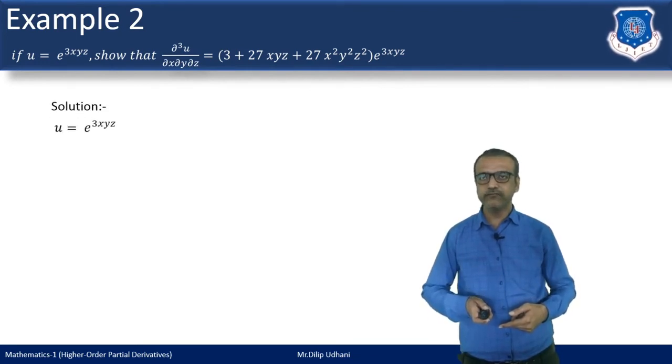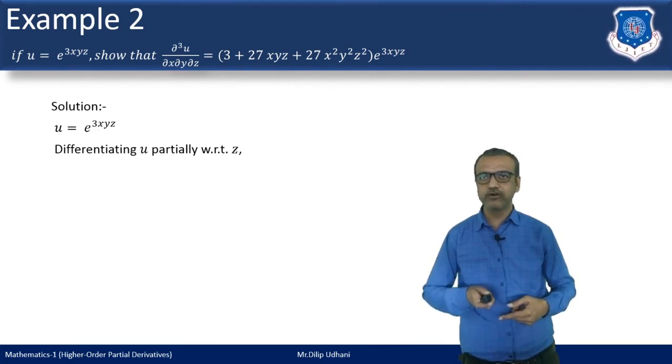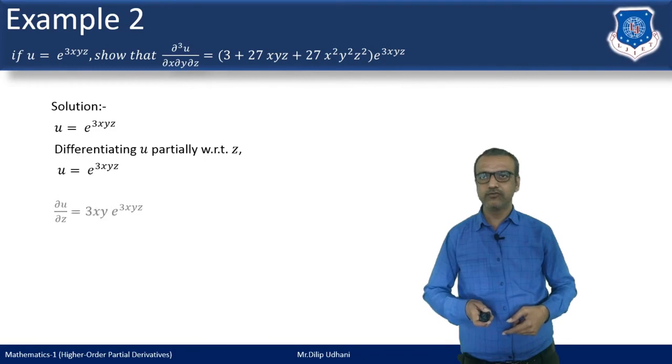Now here the function is u equals e raised to 3xyz. First of all we will find the partial derivative of u with respect to z. So differentiating u partially with respect to z, we will keep x and y constant. Now you know very well the derivative of e raised to x is e raised to x.